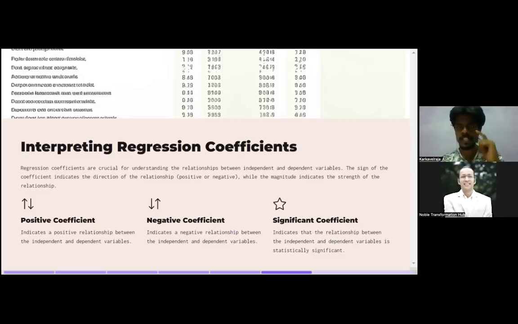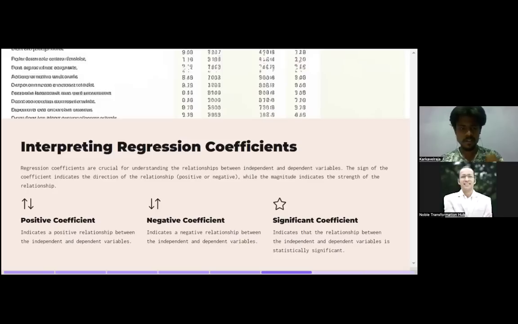When the student studies for 1 hour, the mark is 1. For 2 hours, the mark is 2. For 3 hours, the mark is 3. Like that, it keeps increasing. That is called a positive correlation. Whenever the value of the independent variable, the hours studied, increases, the dependent variable, the student's mark, also increases. That is called a positive coefficient.